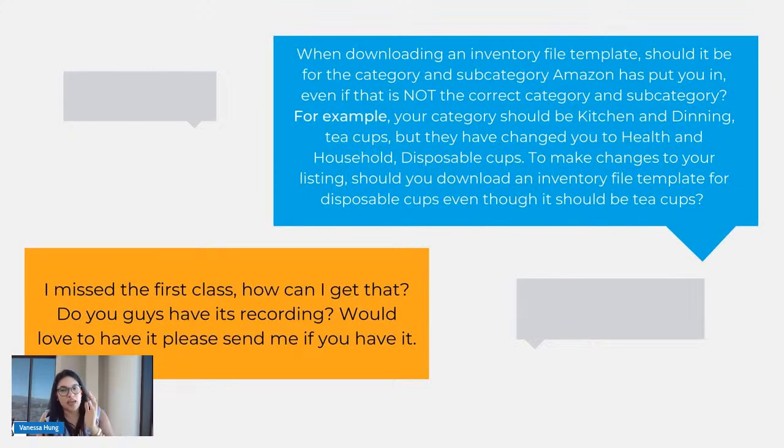And again, if it makes sense for your listing, I would put it in disposable instead of tea because I could make a higher impact. I could get more market share under disposable than under teacups. I hope that makes sense.